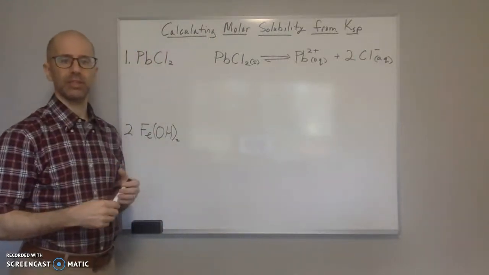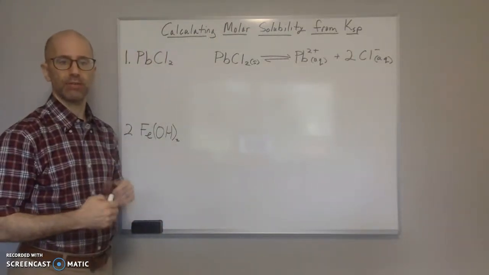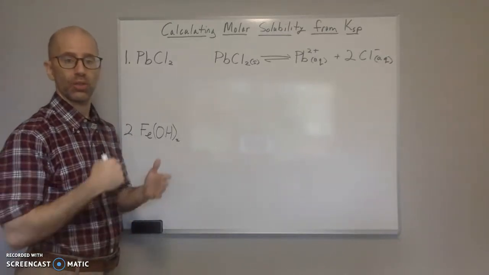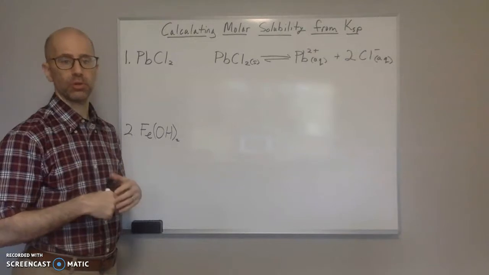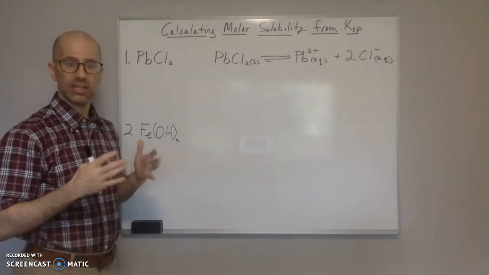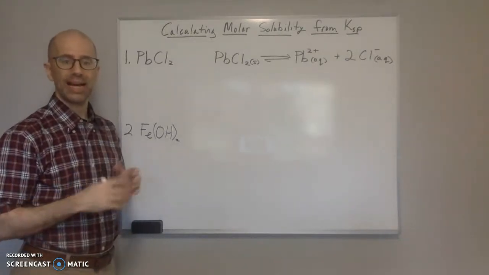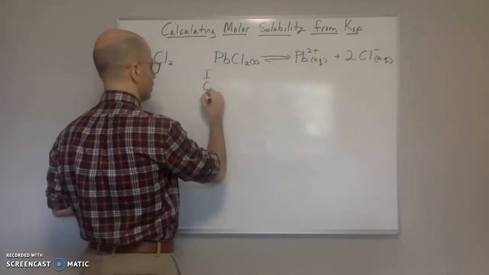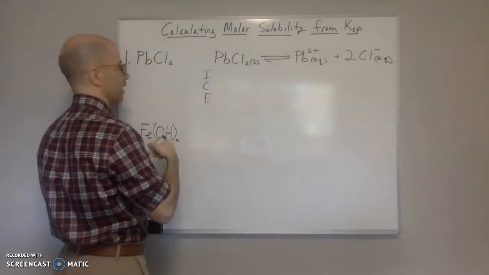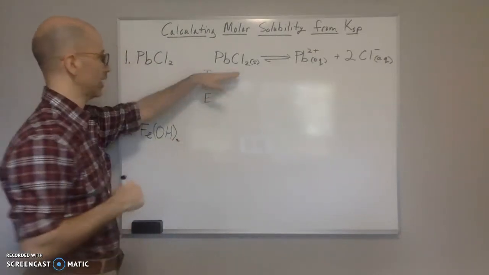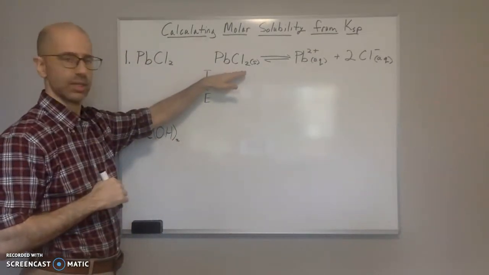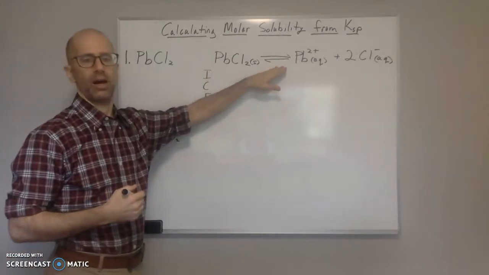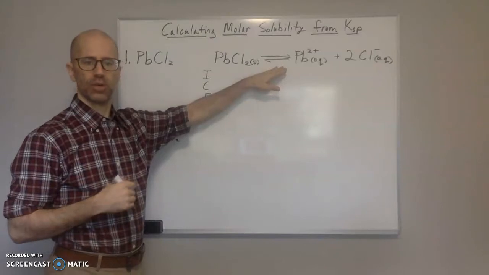Your second step is to do an ice chart, because you have to figure out how much is actually going to dissolve, right? So you need to know what your initial amounts are, what your change is going to be, and you have to figure out what the amount is going to be at equilibrium. Okay, so you do your ice chart, and initially we're going to ignore any solid, because when you're doing anything that deals with an equilibrium, your solids and your liquids are not going to participate.